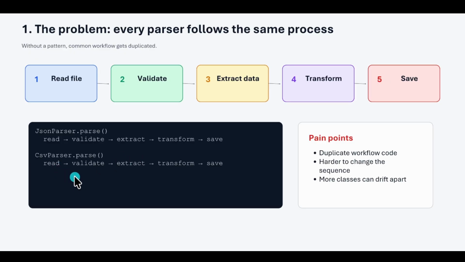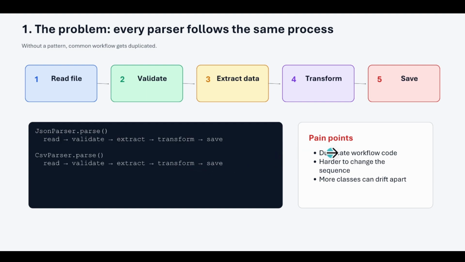So I will copy or rewrite the same steps again in the CSV parser. This is where the problem starts. And the next day, let's say we have to write an XML parser. Then we need to copy paste all the steps again into the next file as well. So that is not the correct way to do it.